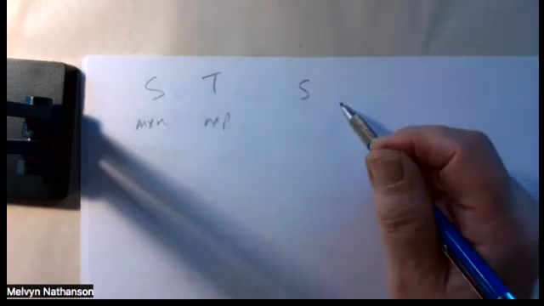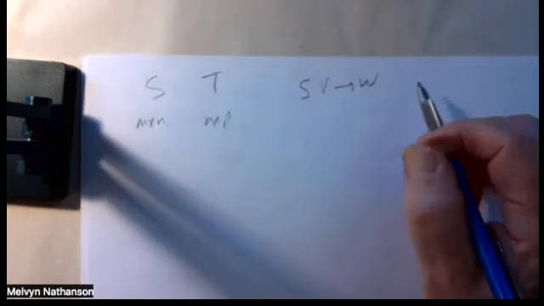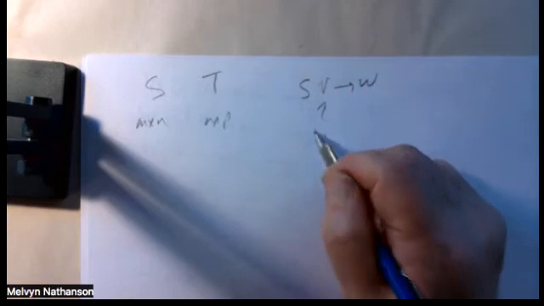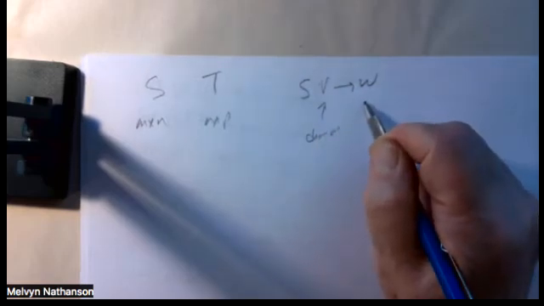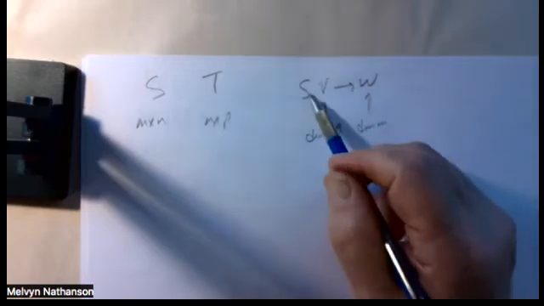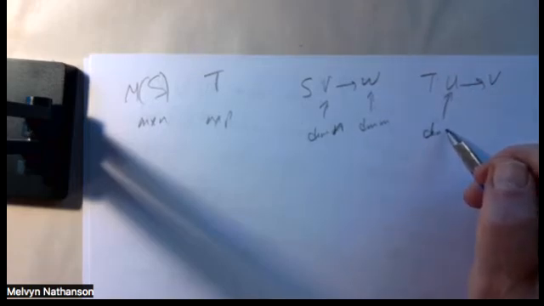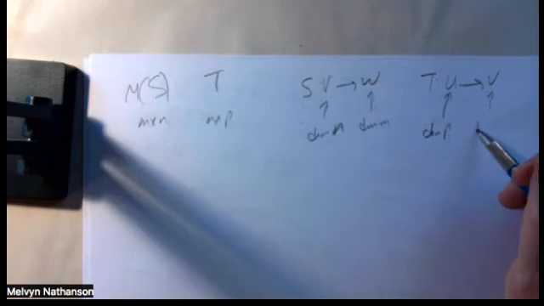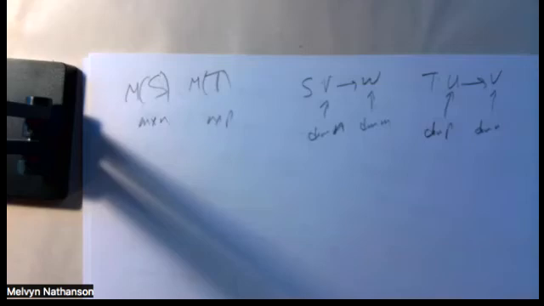Remember, S is a linear map in my picture from V to W. V had dimension N, and W had dimension M. So the matrix for S was an M by N matrix, and T was a linear map from U to V. The dimension of U was P, and the dimension of V is still N.